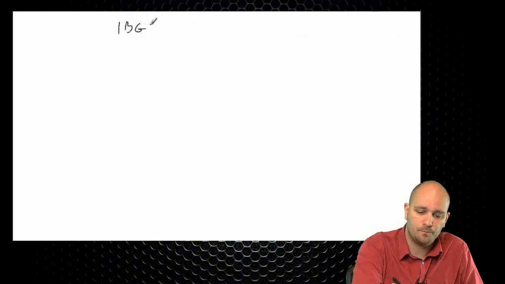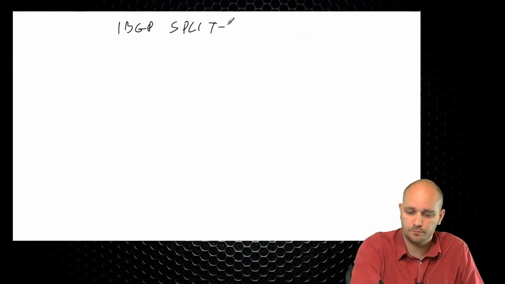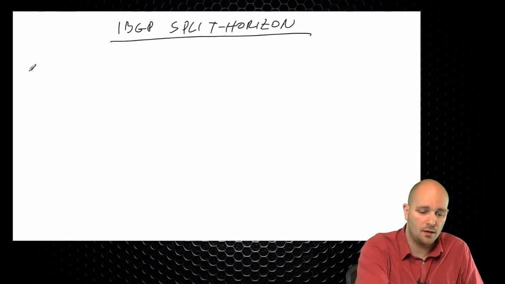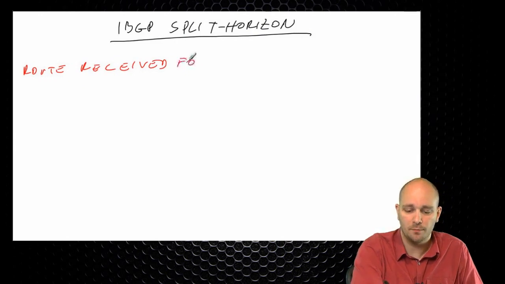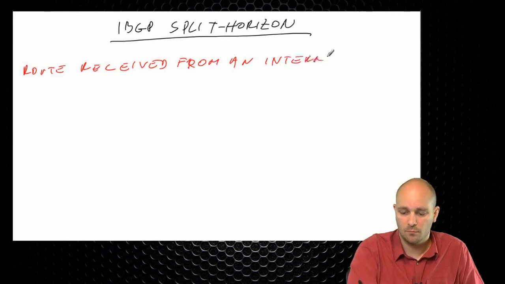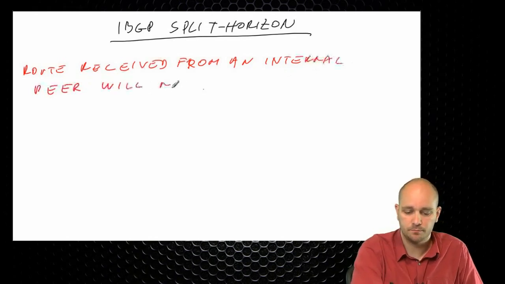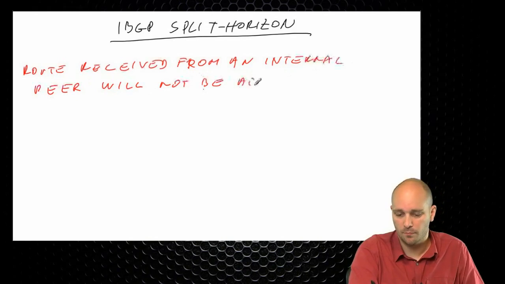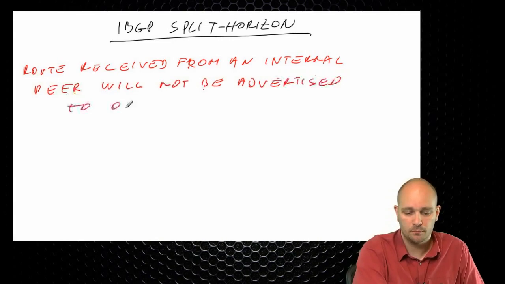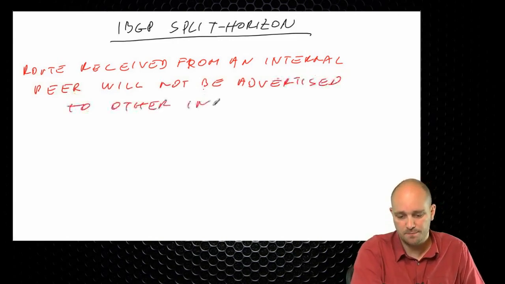So iBGP split horizon is the rule that says a route received from an internal peer will not be advertised to other internal peers.